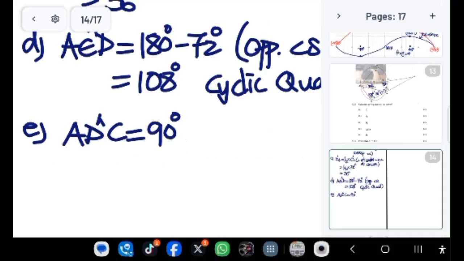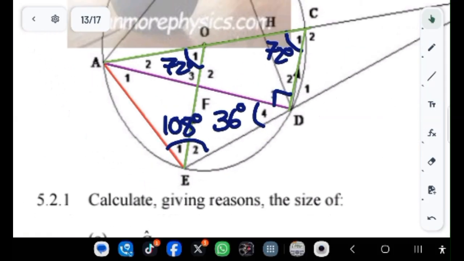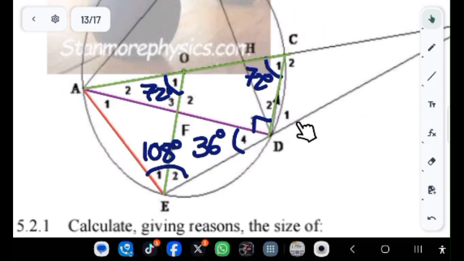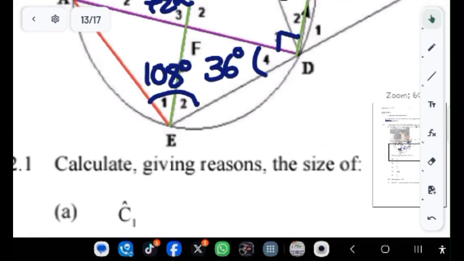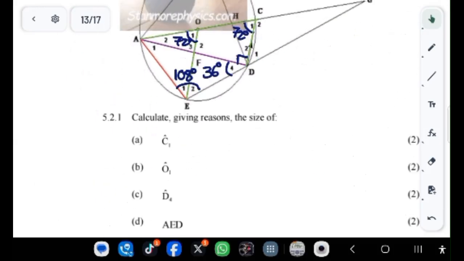All of these are angles in a straight line. Angle D4 plus ADC plus D1 are all angles in a straight line. They add up to 180 degrees. Therefore, D1 will be equal to 180 minus both of those.